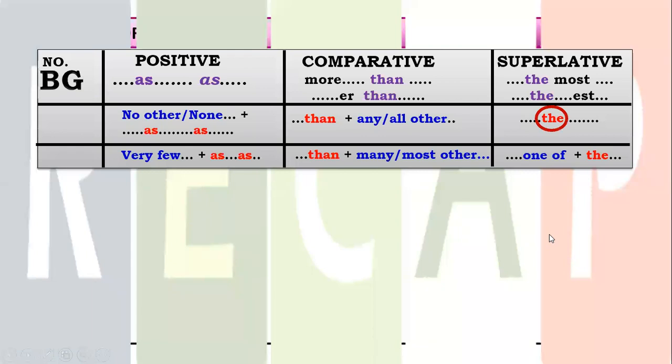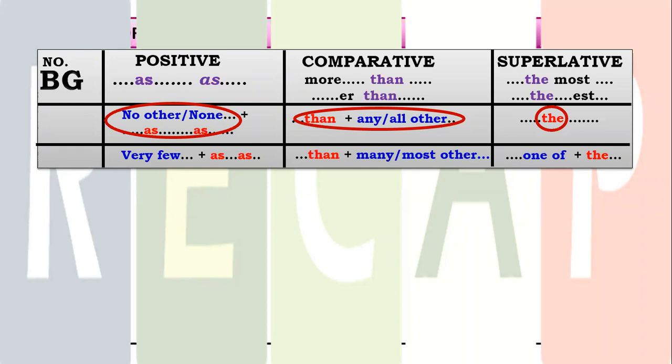Hence, we follow the rule for superlative. In the first type, we say the, than plus any other or all other, no other or none plus as and as. These are the combinations for the first type of comparison, that is, whenever we have no competition for the person compared.